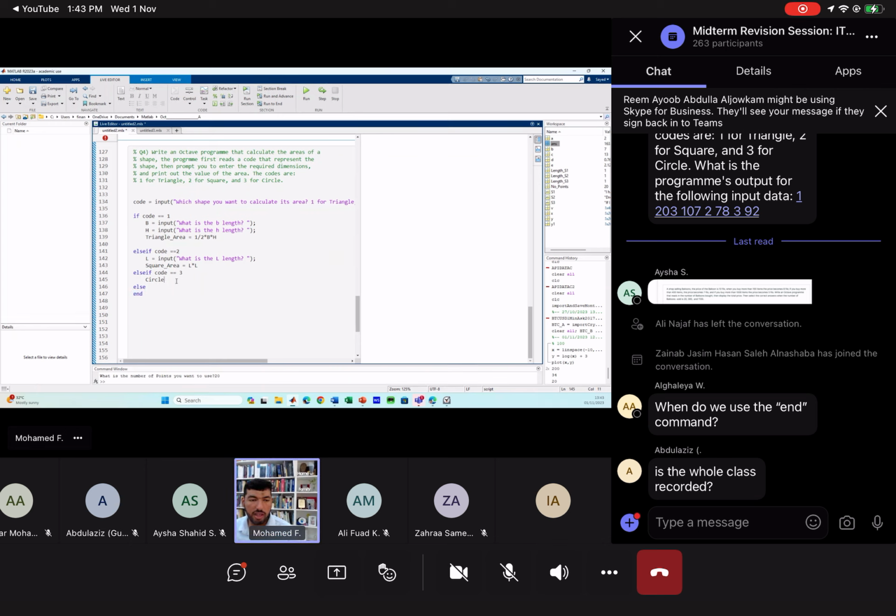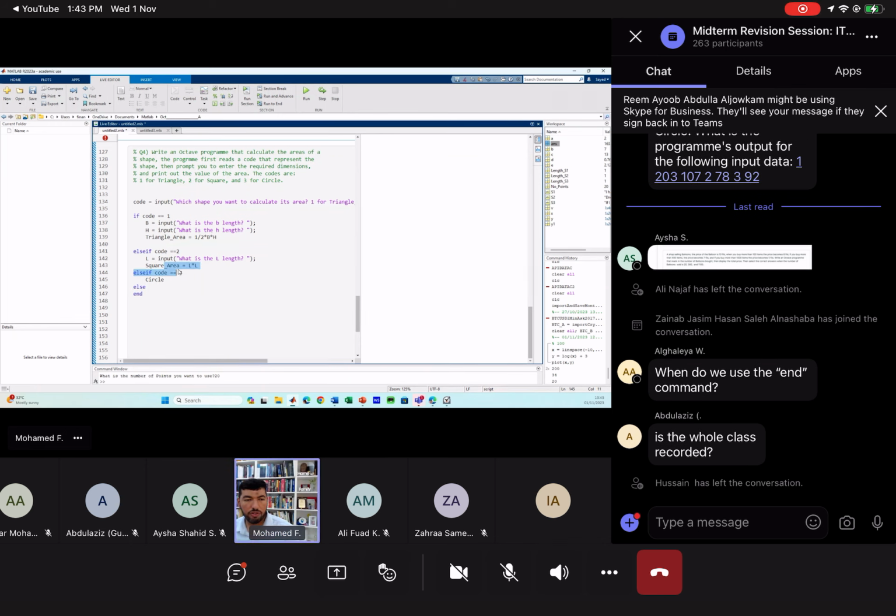So we want to find the area of the circle. Can anybody remind me what's the area of the circle? 2 pi square. Is it? Pi r squared. Yes, pi r squared.